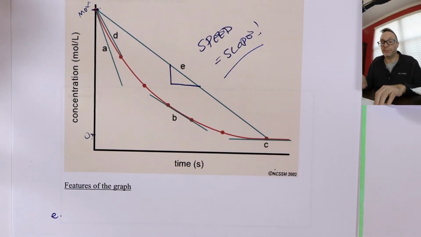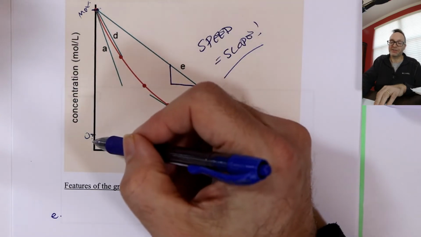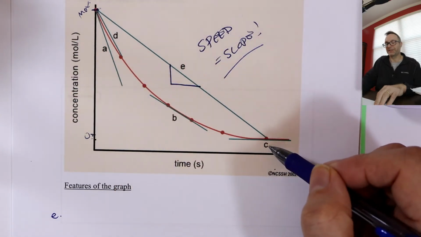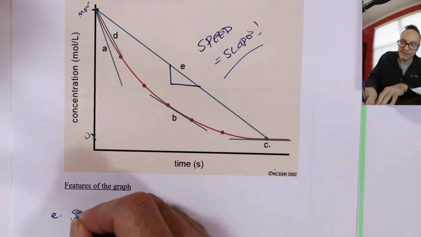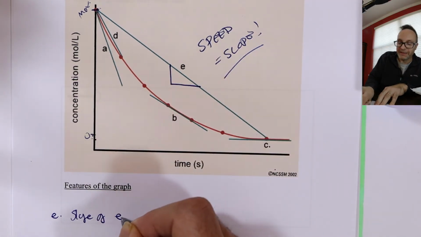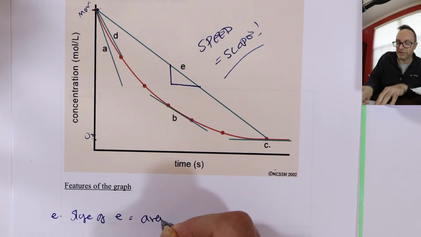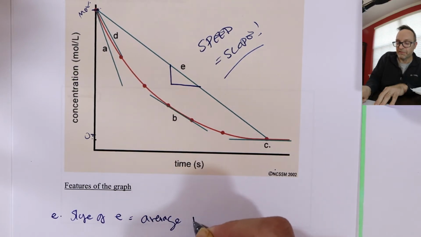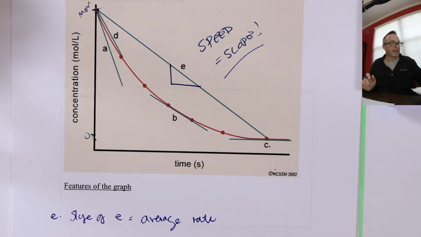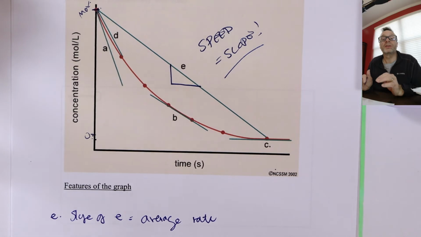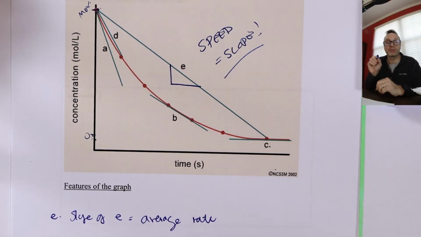So the average speed is just, what was the total change in concentration over the total change in time? It's line E, isn't it? It's the slope of line E. Slope of E equals the average rate or speed of reaction, right? Key point, right? So the slope of concentration versus time is the speed.